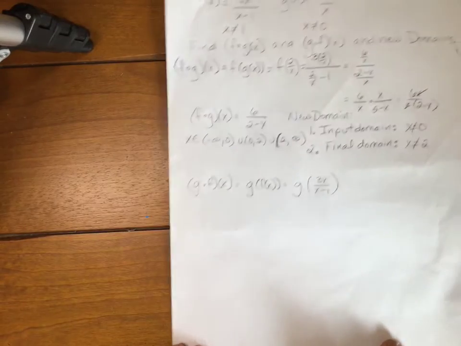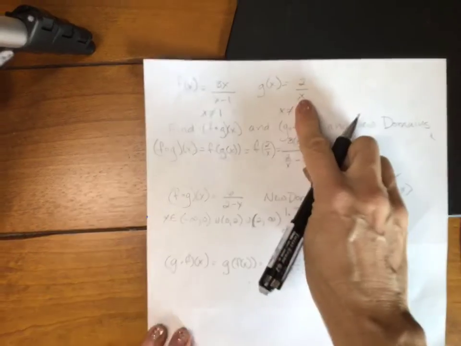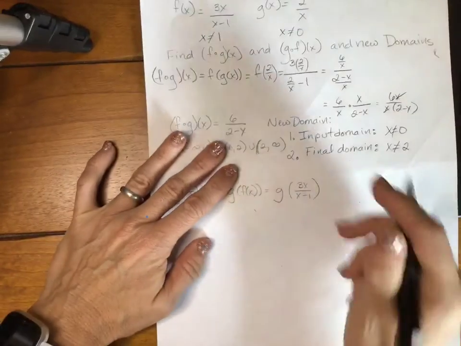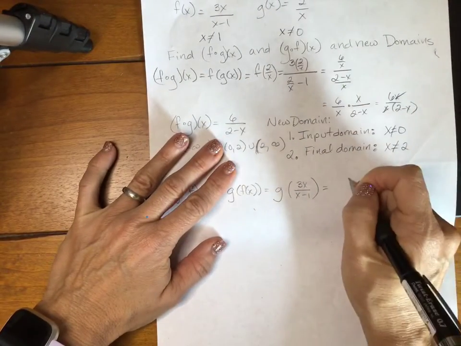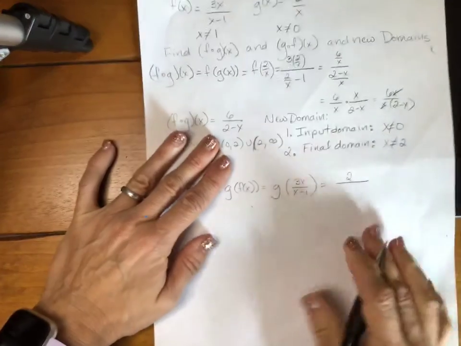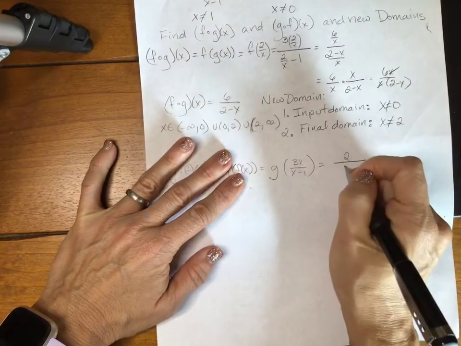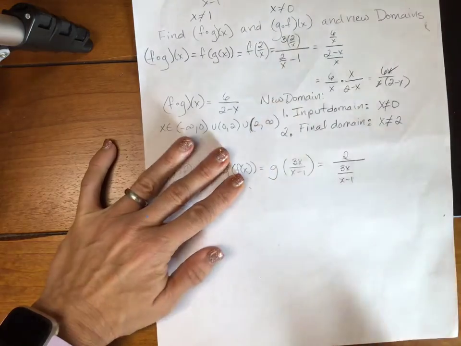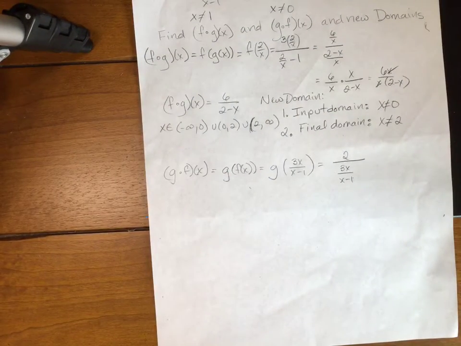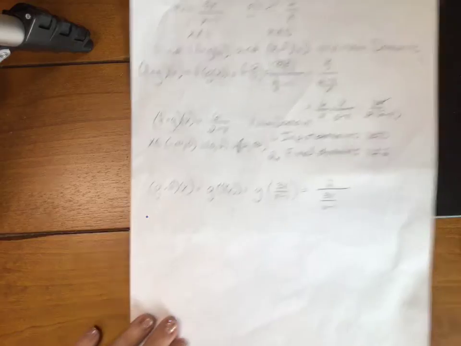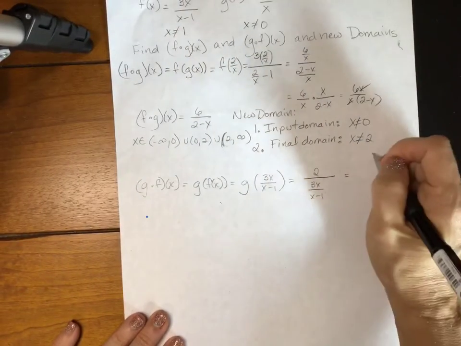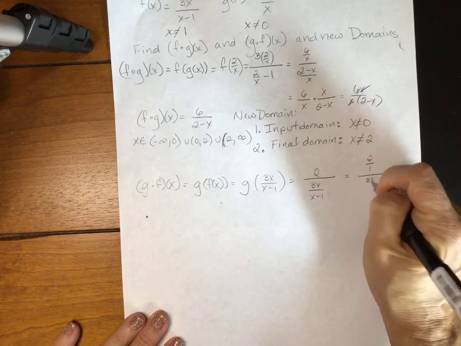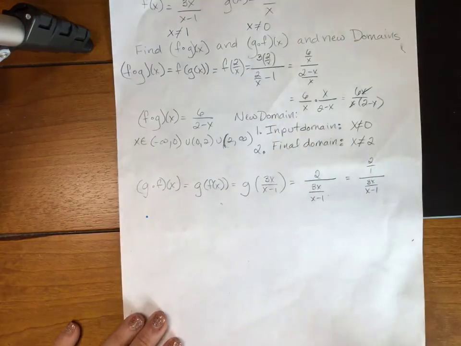So now in function g, wherever I see x, I'm going to replace it with 3x over x minus 1. So in this case, I get 2 big fraction bar all over 3x little fraction bar x minus 1. Now we need to realize this is really the same as 2 over 1 divided by 3x all over x minus 1.